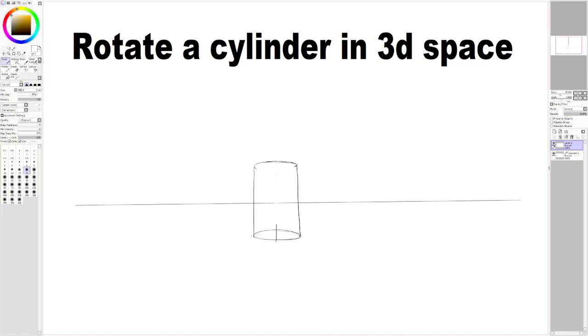I'm going to erase a portion of that just so I could have better clarity of the cylinder.